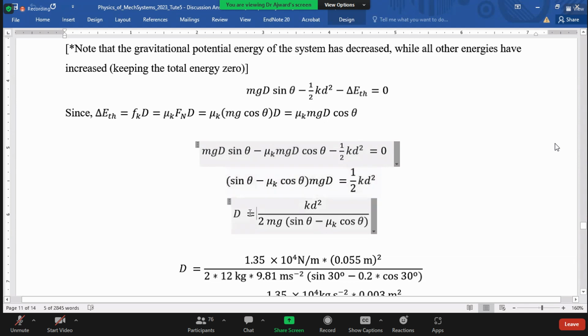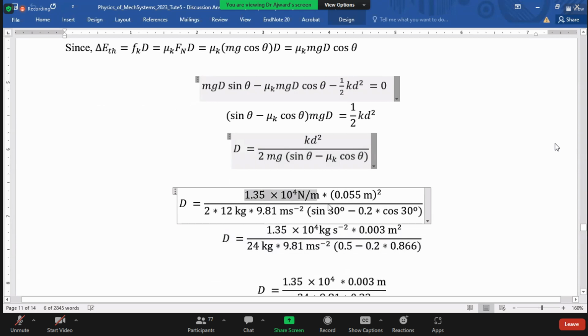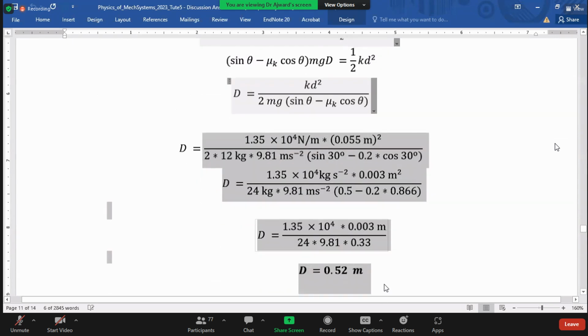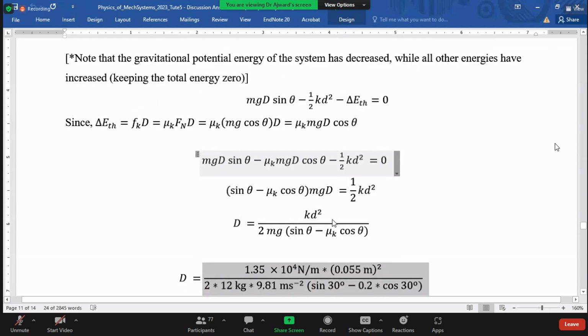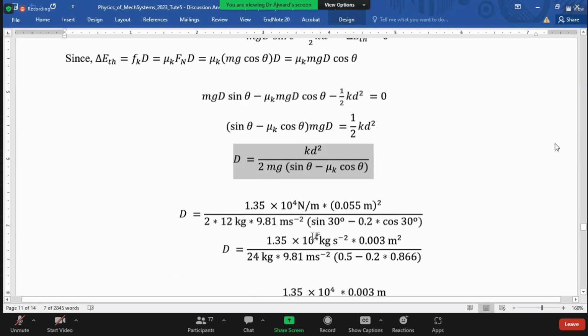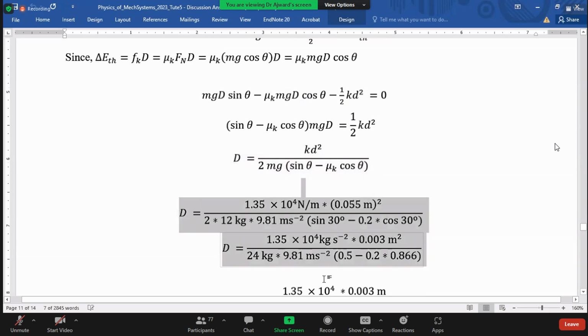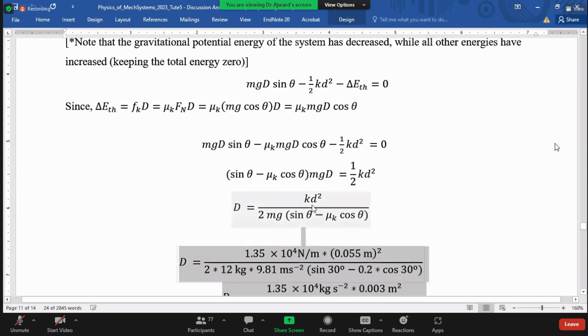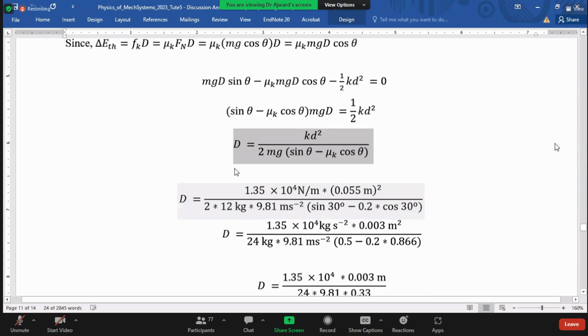And since it is asking for the distance, I just rearrange the equation, and I can have this equation, and you put the numbers here. One could put the numbers and already solve, but usually in exam questions I just want this part, not the numbers.